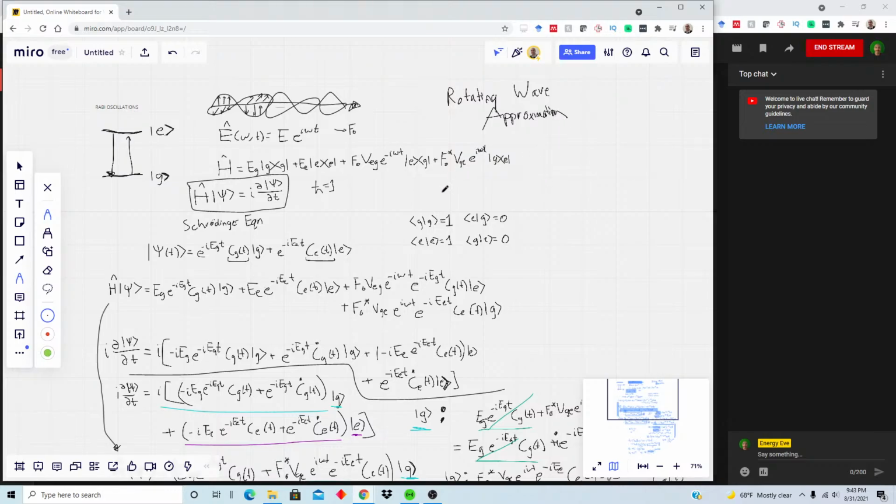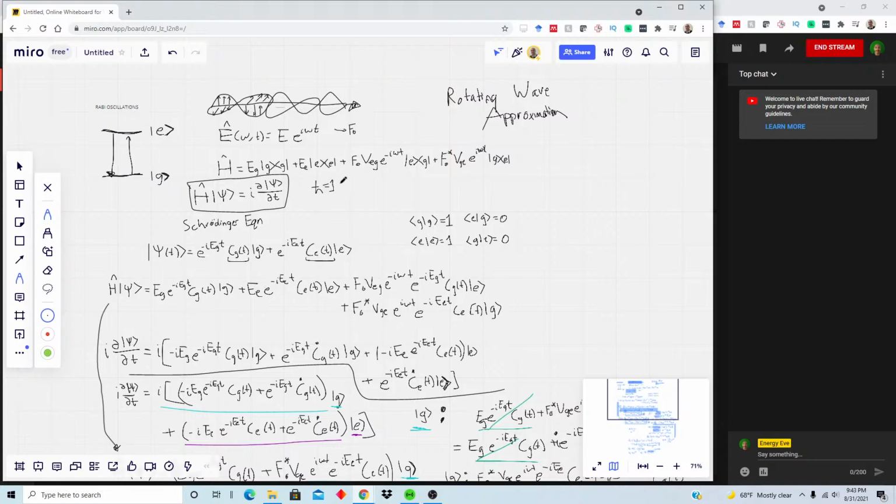Okay, and we wrote our Hamiltonian. We have the ground state, the excited state, and then we have the transition states. And we wrote down the Schrodinger equation. We made an ansatz of what we think this solution is, and then we wanted to solve for what these constants were. We plugged this into the Schrodinger equation. So we plugged in the Hamiltonian for each term. Then we took the time derivative for this other side, times it by i.